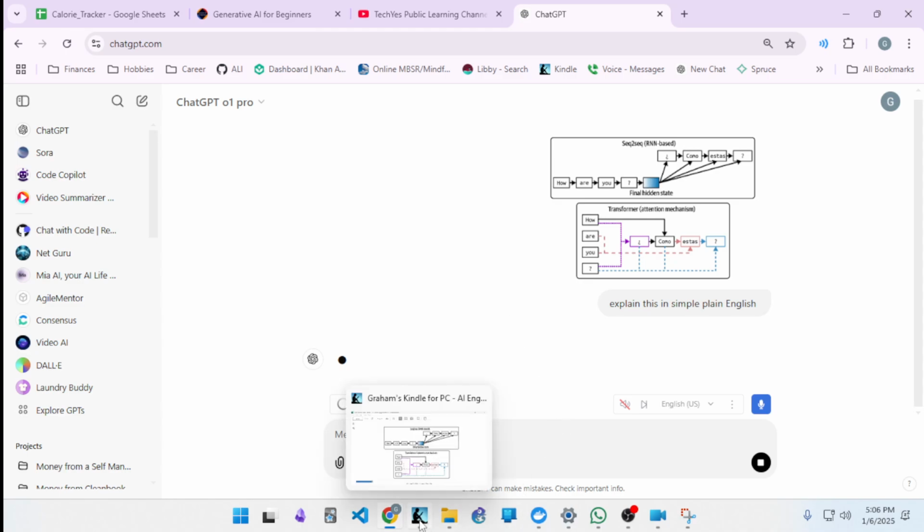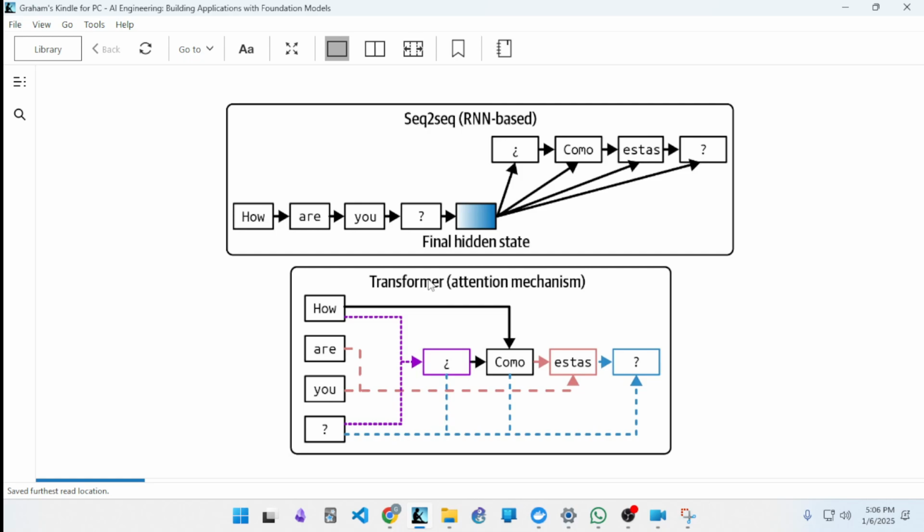So we can see as it's thinking there, it's quite a bit different. Here you have a sequential flow, which makes sense because it's sequence to sequence. I guess it gives it away in the name. How are you?